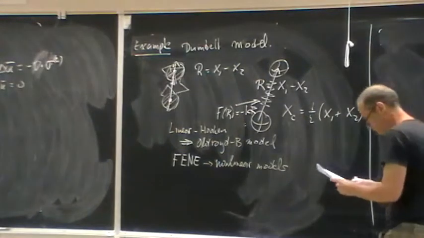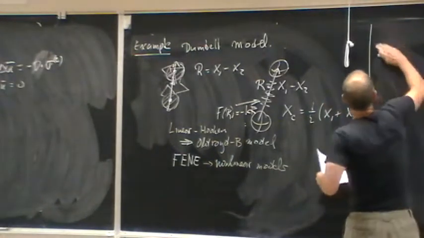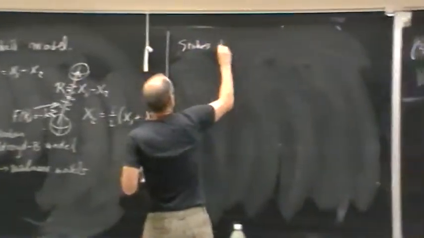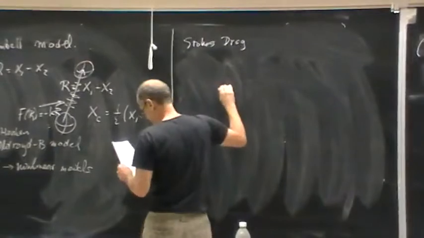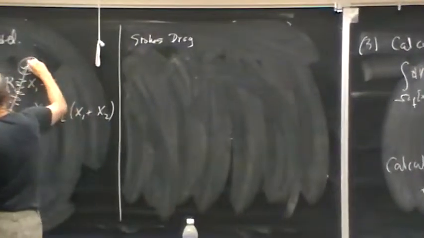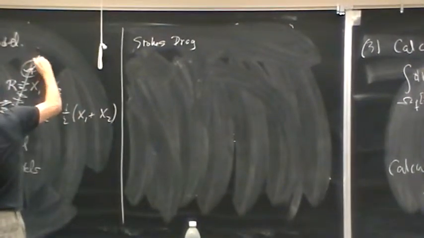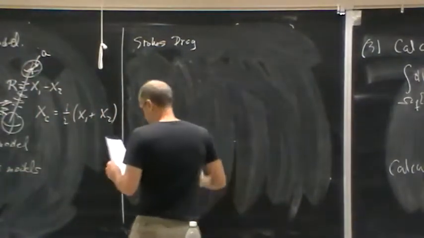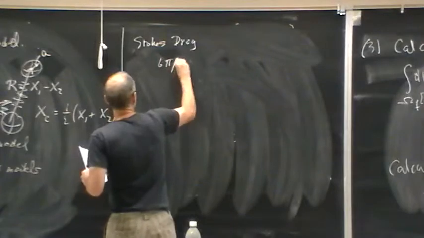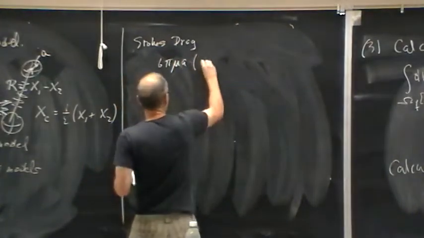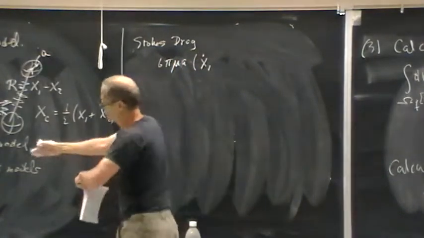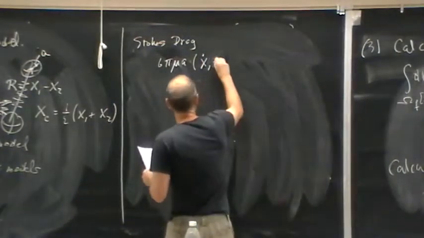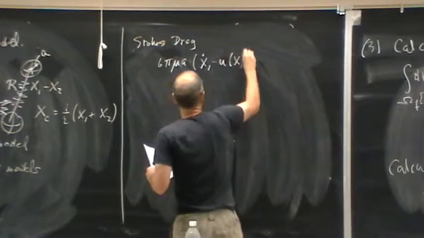Okay, so we're just going to use Stokes drag law on two spheres connected by a spring. These are going to have some radius a. And so I have 6 pi mu a times, so I'm just going to assume I'm moving against some background flow velocity. I just have a Stokes drag acting on me: x1 dot minus u of x1.